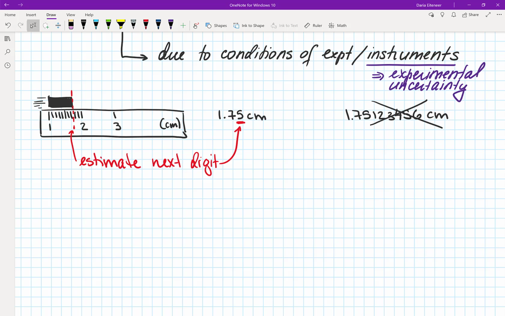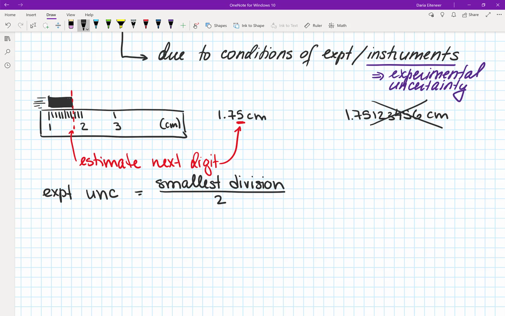So the way that we do this is we take the smallest division on the measuring instrument and divide it by 2. Now, in digital instruments, we typically don't divide by 2. In a digital instrument, we usually just take the smallest division. Here on this ruler, this is not a digital instrument, obviously.